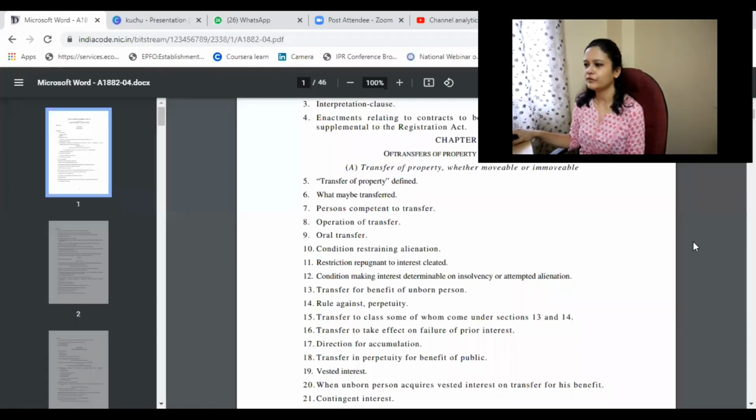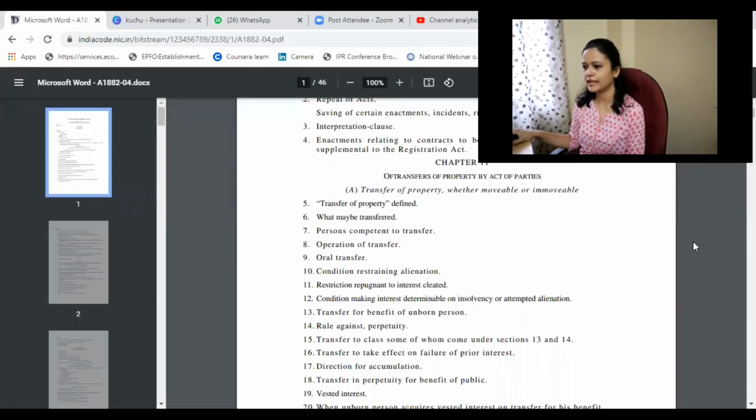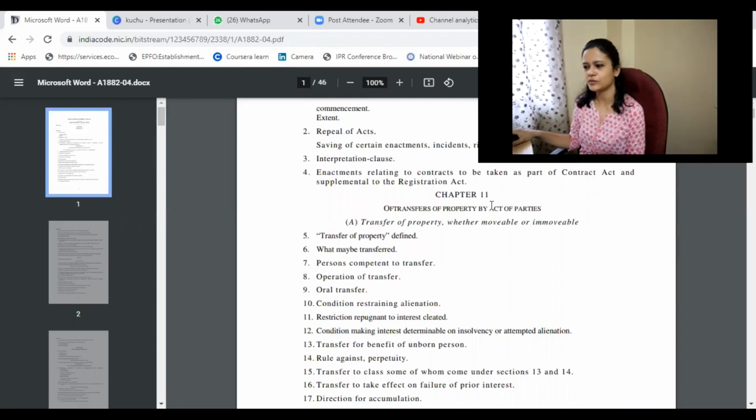Now, if you look at the bare act, I told you that chapter 2 has some general provisions. Some of these relate to transfer of property by act of parties, but some of these relate to transfer of property, whether movable or immovable.